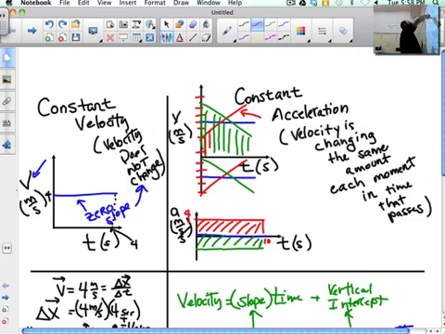So I speed up while moving in the positive direction because all those velocities are positive. And then this rectangle shows me my change in velocity, right? This trapezoid shows me my change in position, change in x, okay?